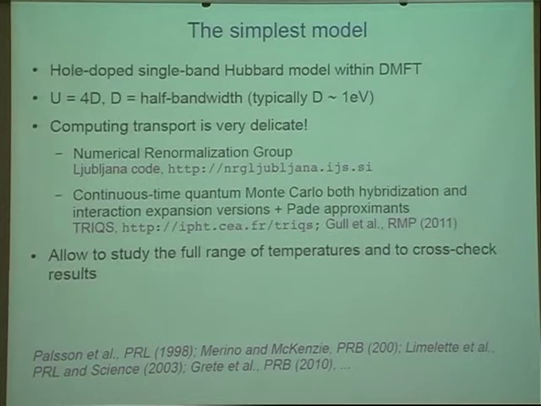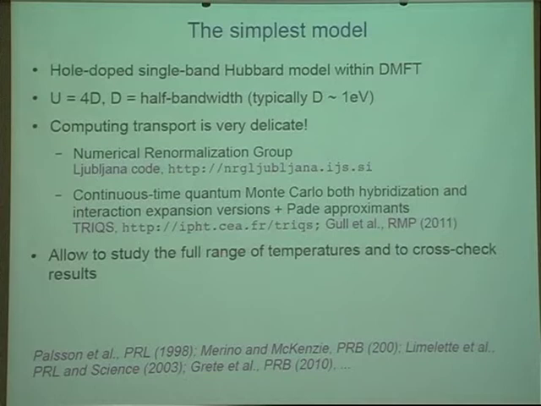here using the code of Rok Žitko, which is open source on this website, the Ljubljana code, together with CT-QMC methods, both in their hybridization and interaction expansion versions. This is something we'll discuss next week. And an analytical continuation, which is done with Padé approximants.